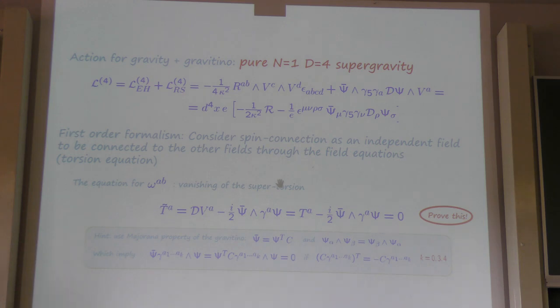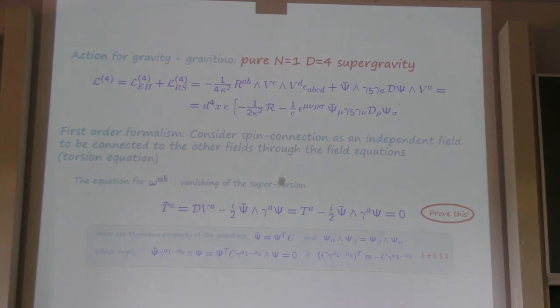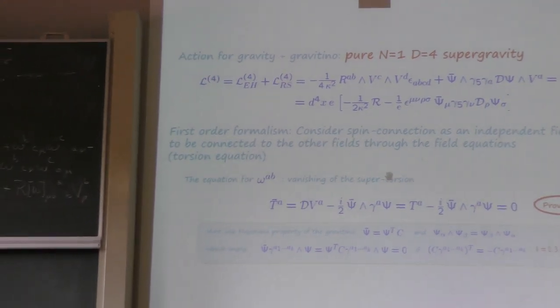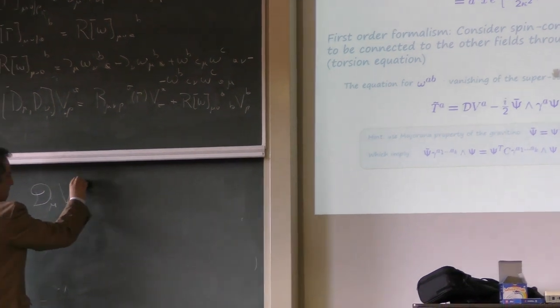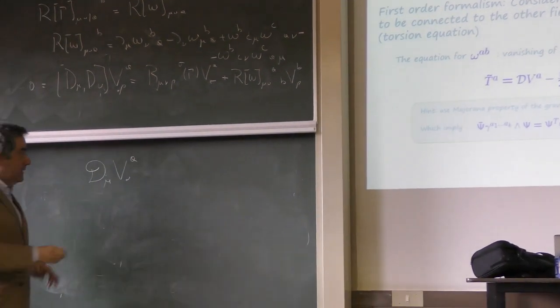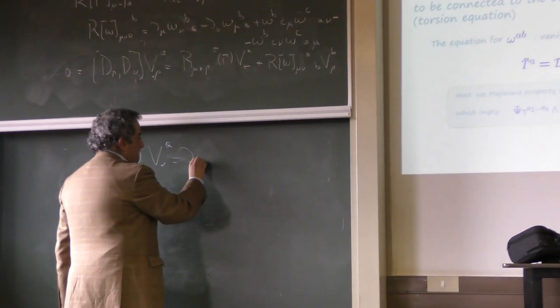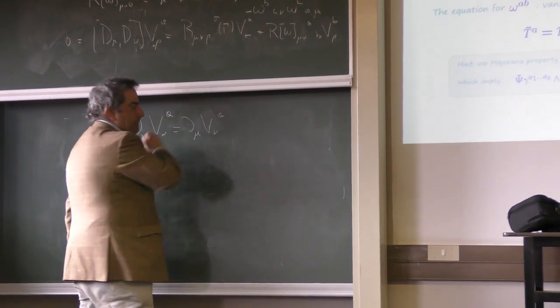The reason is that, how do we define torsion? The covariant derivative. What is this? This is d nu v a.